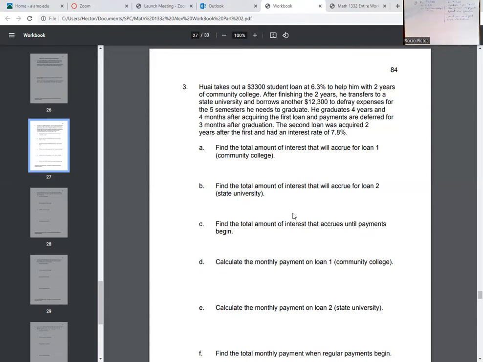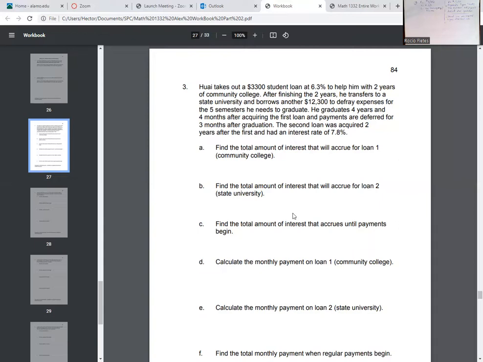So you have 24 months, and then he graduates 4 years and 4 months. How many months is that? So that's 48. Let me see. So that's 4 years, 12 times 4, that's 48 plus 4.